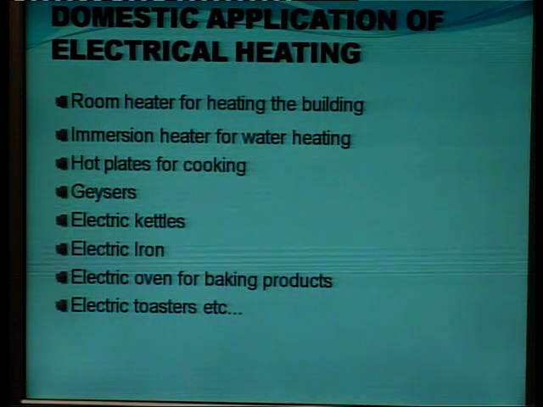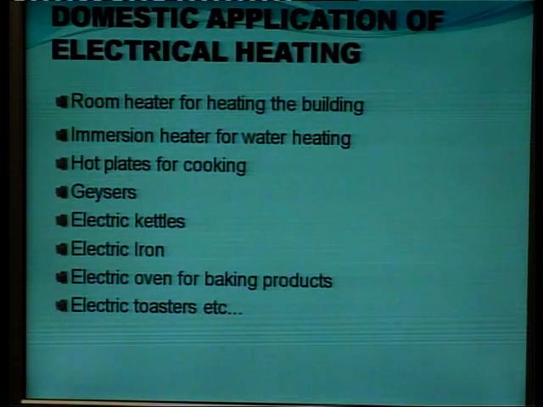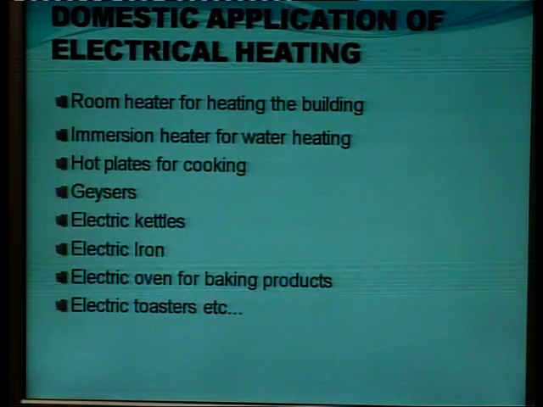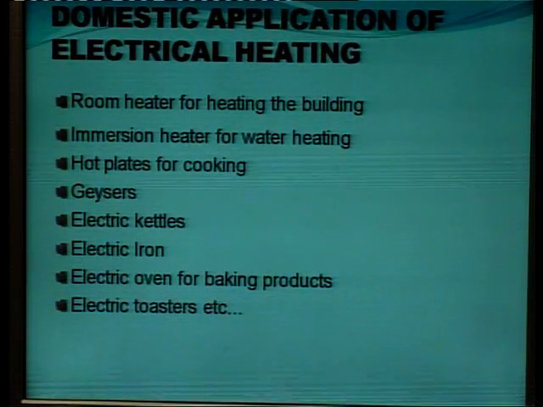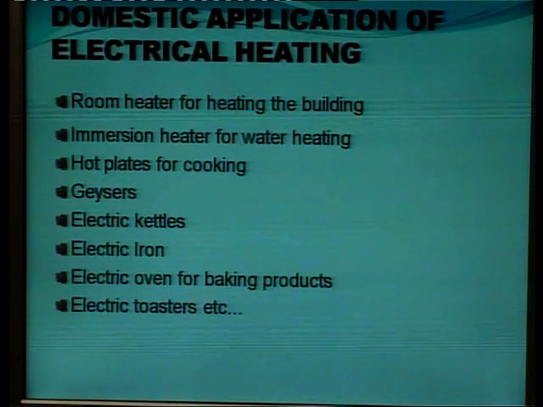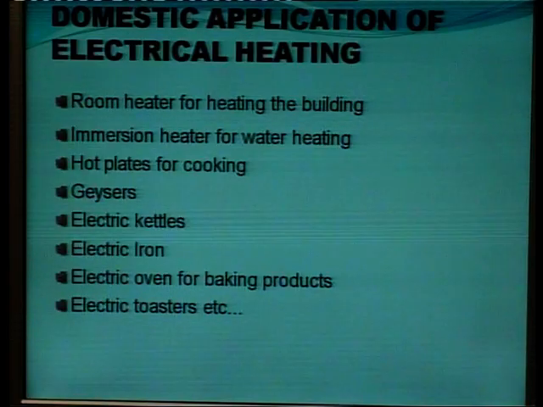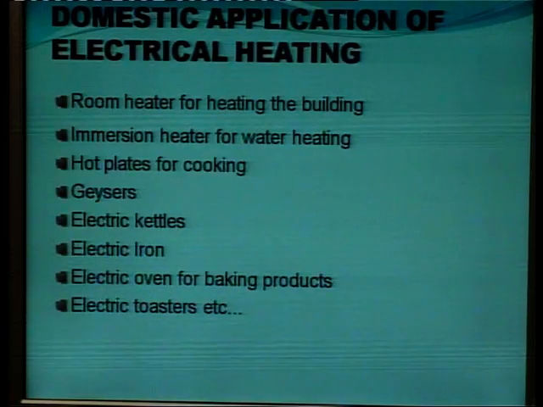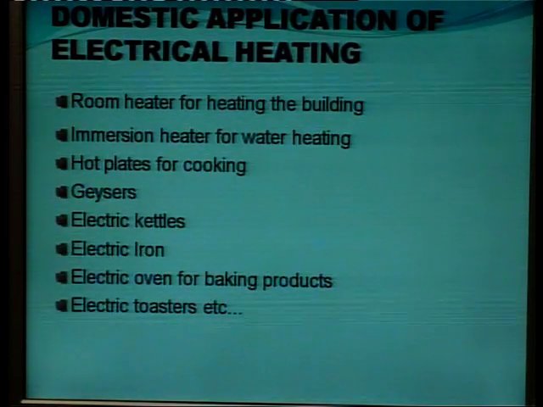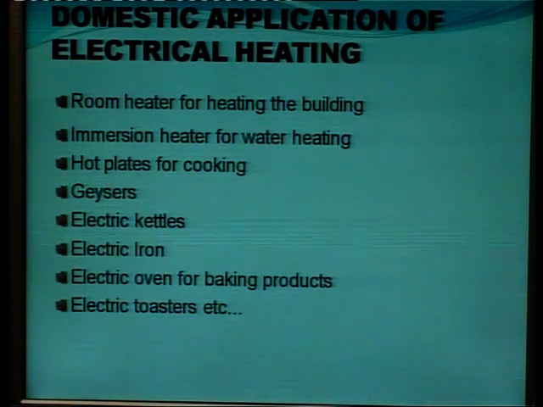It is used as an immersion heater for water heating, like the rod we use in the home for heating water. Third, it is used as hot plates for cooking, and in geysers. The next is electric kettles, electric iron, electric oven for baking products, and lastly electric toasters, etc. So, these are the most common domestic applications of electric heating.